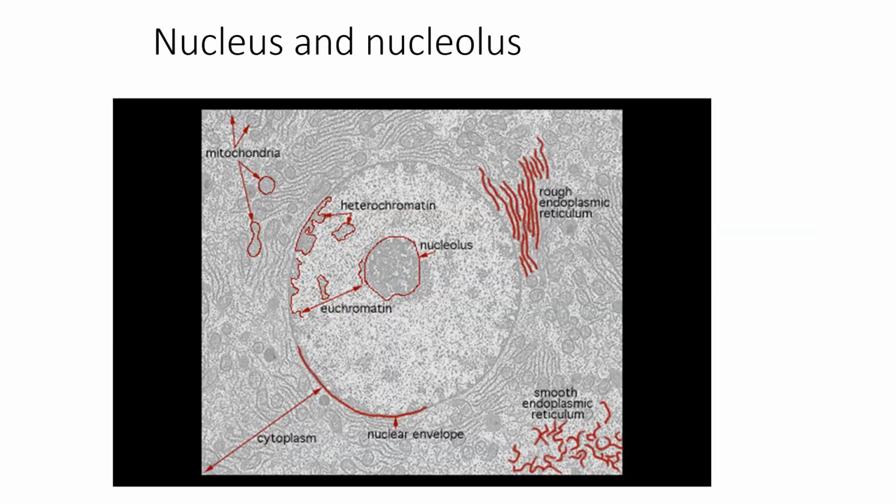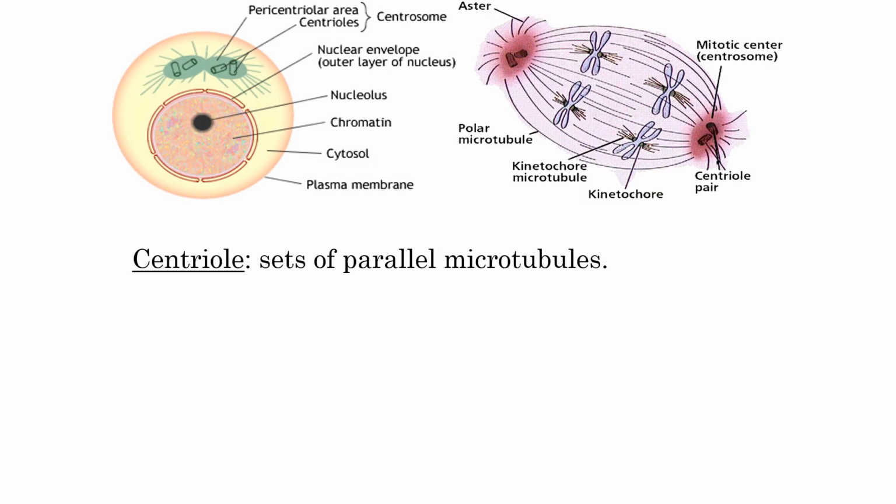So in this picture, we have our nucleus and our nucleolus. This is an electron micrograph, so this is under that really high-powered microscope. We have our centrioles in this picture.